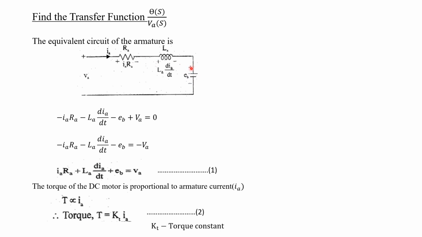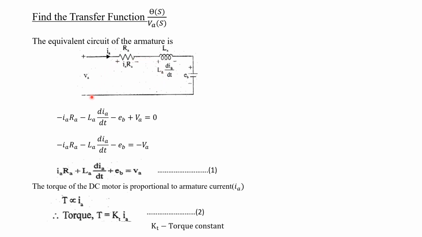At the top it will be plus and at the bottom it will be minus. That is the back EMF EB. Then this is the applied armature voltage, that is VA, so we cannot change this polarity also. For all the elements we can put plus minus along the direction of current flow. IA, that is the current, will be flowing in this direction, that is the clockwise direction.